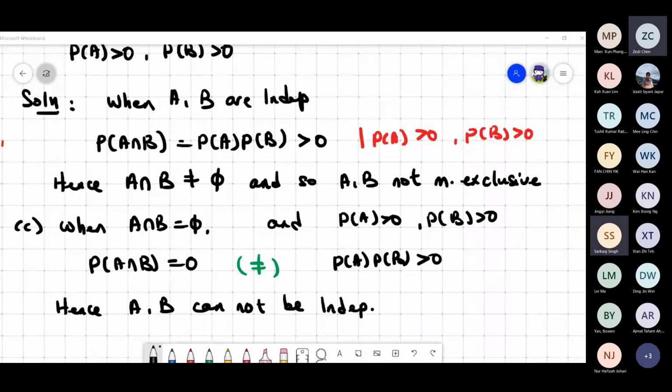Oh, I think because the hint says that they are independent. The hint said they are independent. Oh, okay, so it's a typo, it should be not independent. Thank you. Please make a correction for the answer. So it should be not independent.